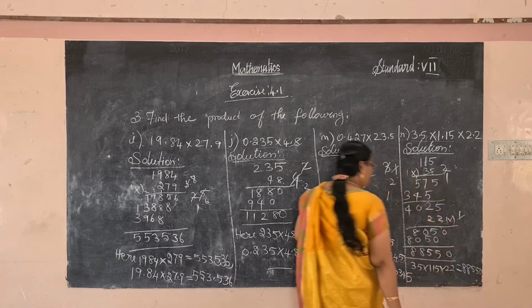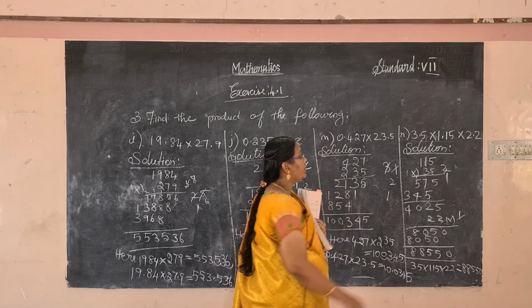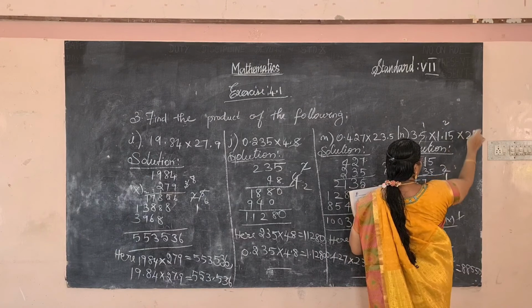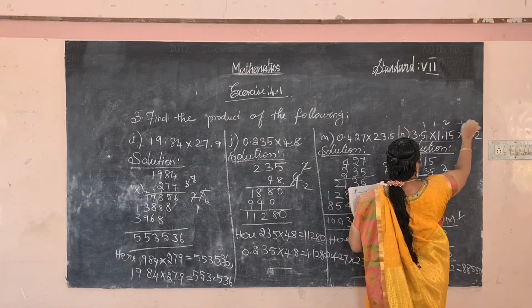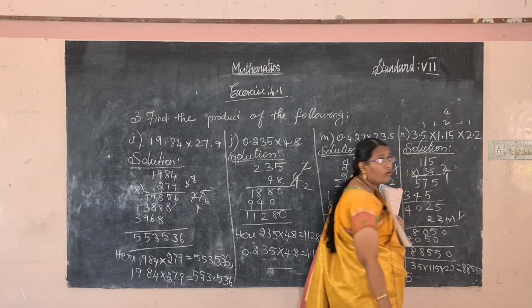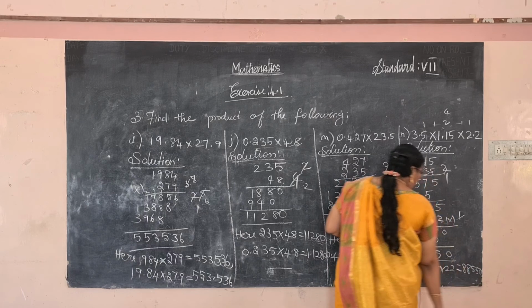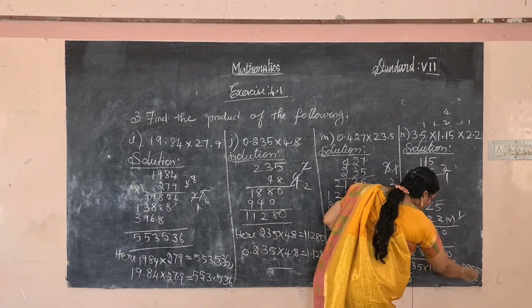Okay, now how many decimal places after the decimal point? In the first one 1 decimal, in the second one 2 decimals, and in the third number 1 decimal. So the total number of decimal places is 4. So the decimal point shifts from the right side by 4 decimals.